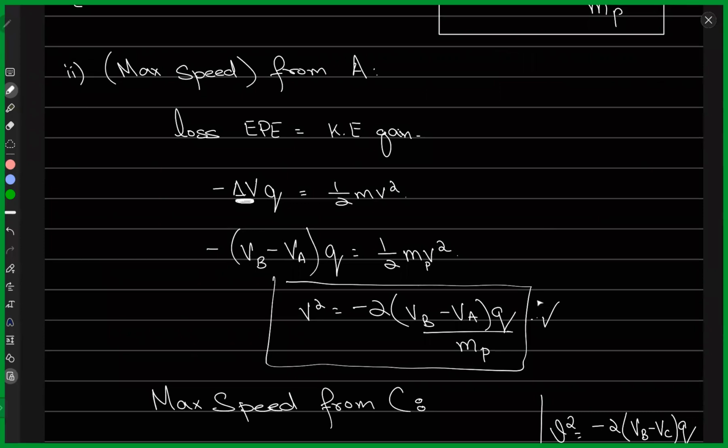This gives you this equation, and now just put in the values to get velocity squared, and then take the square root to get velocity.